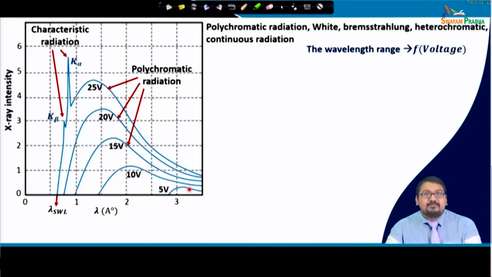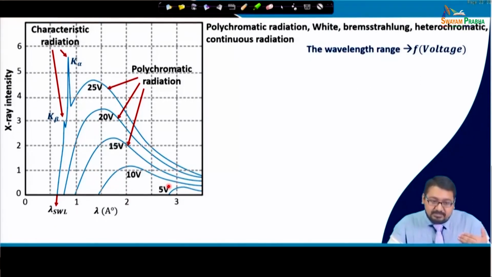If you look at my pointer, these are 5 kilovolt, 10 kilovolt, 15 kilovolt, 20 kilovolt and 25 kilovolts. Volts was wrong, so I have to correct it.